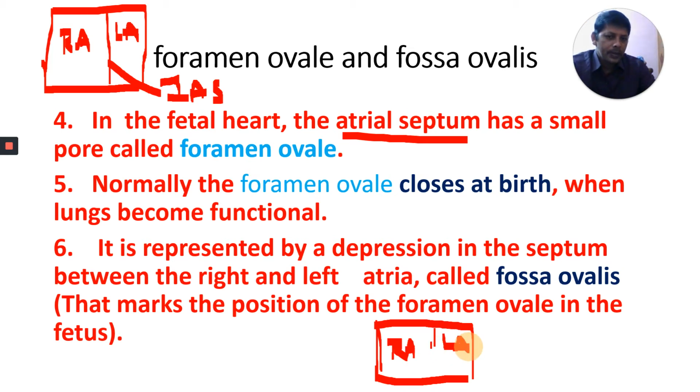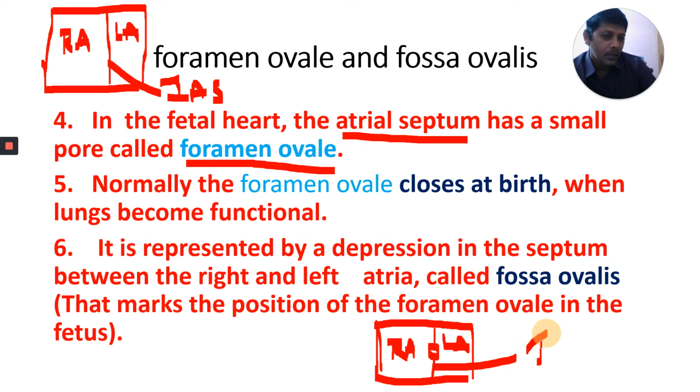In this interatrial septum in the fetal state, there is a pore, an opening. The atrial septum has a small oval-shaped pore called the foramen ovale. Ovale means oval shape, foramen means opening. The foramen ovale is present in the IAS in the fetal heart.